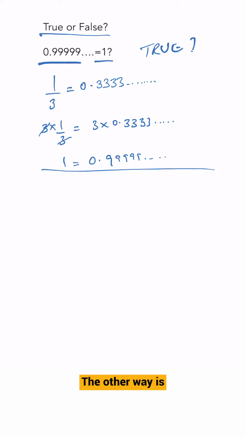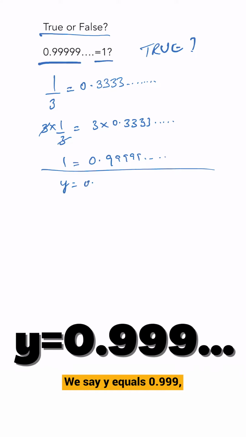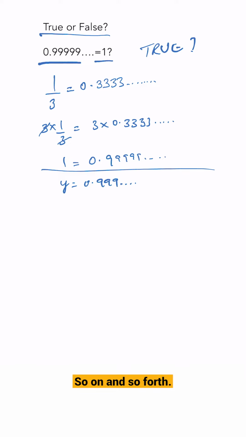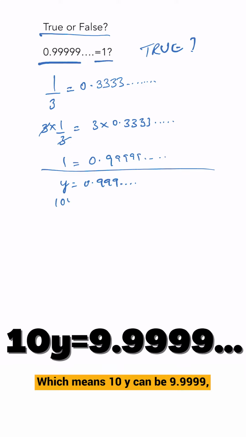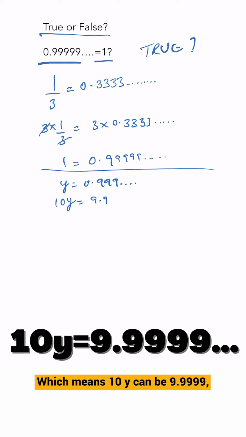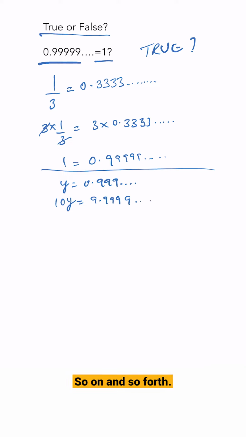The other way is, let's say that y equals 0.999, so on and so forth, which means 10y can be 9.9999, so on and so forth.